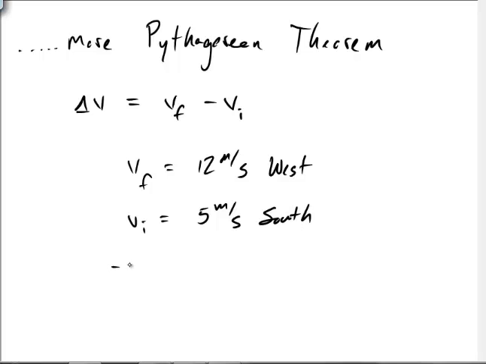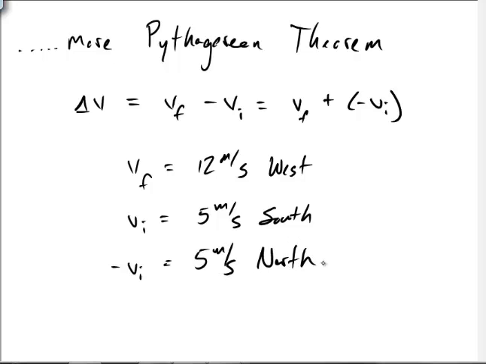And so if I wanted to know the negative initial, and I'm writing that because these are equivalent statements, then it would be 5 meters per second to the north. Correct. It wants us to determine the change in velocity using a vector diagram. Okay, so I've got my 12 meters per second to the west, that's VF.